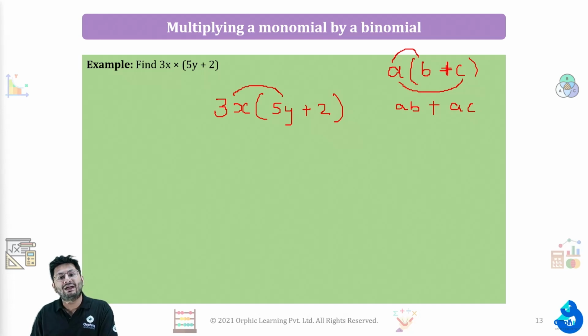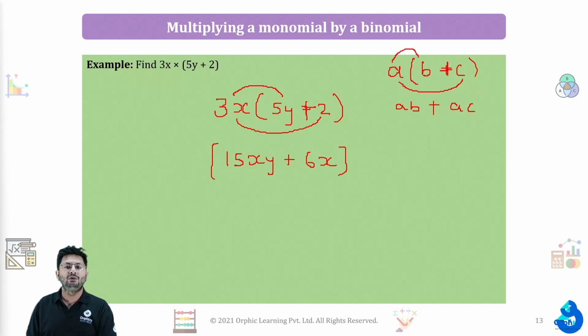Okay, so same goes for this question. 3x into 5y, तो क्या होगा? 15xy, then this positive sign, and then 3x into 2, which is equal to 6x. So this is how we multiply a monomial by a polynomial, okay, or a monomial by a binomial.